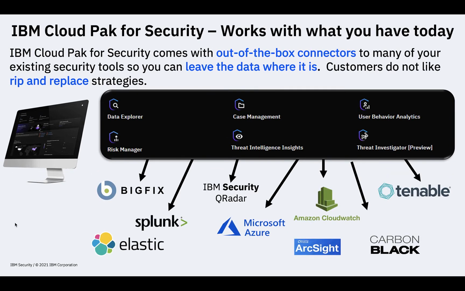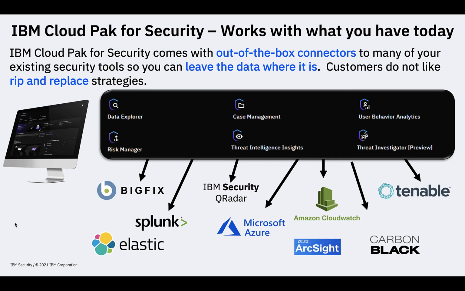Let's now take a deeper look into each of these modules and how it works. We have a federated search engine called Data Explorer. We have a SOAR product, Security Orchestration Automation Response, called Case Manager. We have user behavioral analytics that pulls in from IBM's QRadar artificial intelligence to find out what the user is doing.